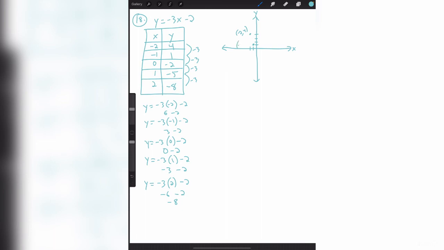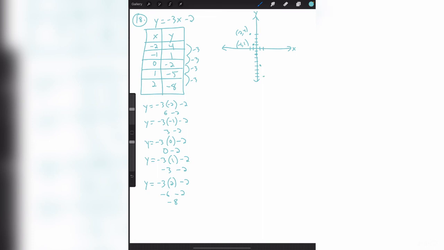I have -1, 1. 0 minus 2, 0, -2, and I've got 1, -5, so 1, 2, 3, 4, 5, right, and then I have 2, -8, 1, 2, 3, 4, 5, 6, 7, 8, that should end up being about right there.